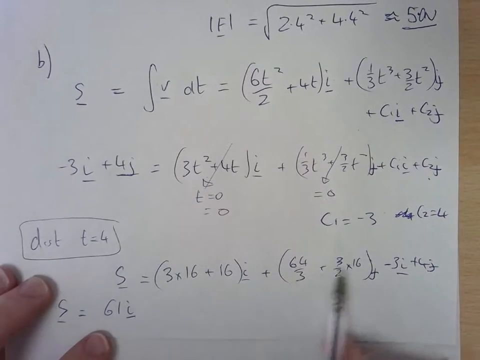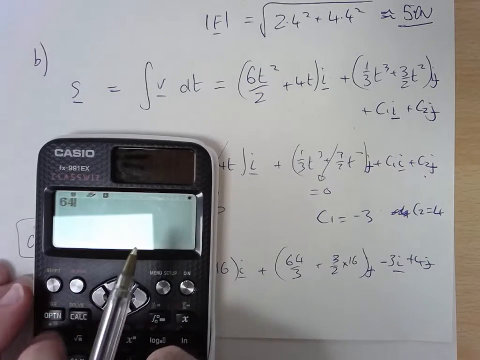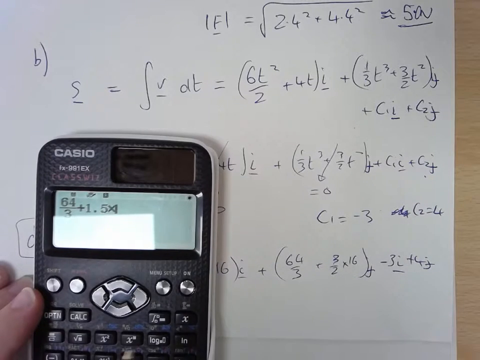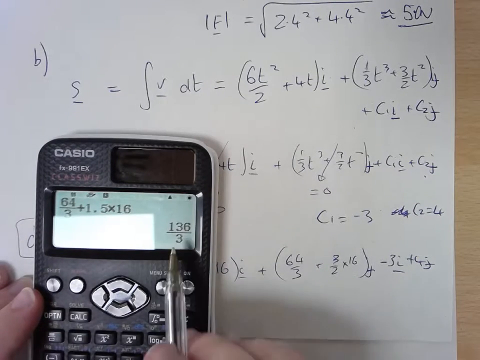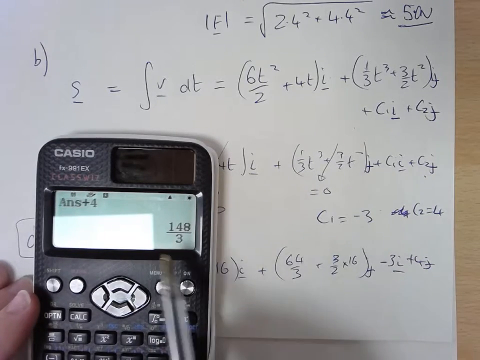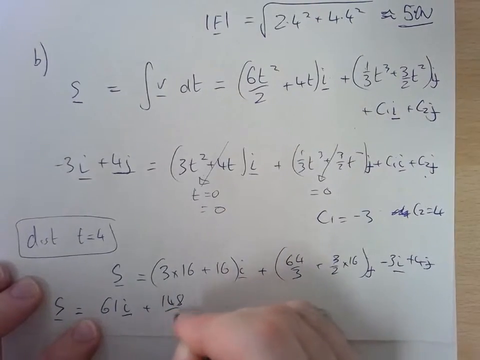We're now going to tidy up these numbers, which I think we use a calculator for. So we get 64 over 3 plus 1.5, 3 over 2 times 16. This gives us this. We need to add on 4 to this for this bit here, so we get 148 over 3 plus 148 over 3 j.